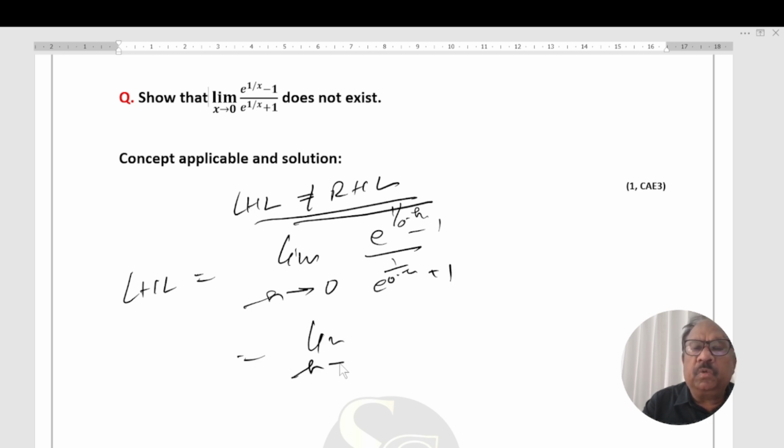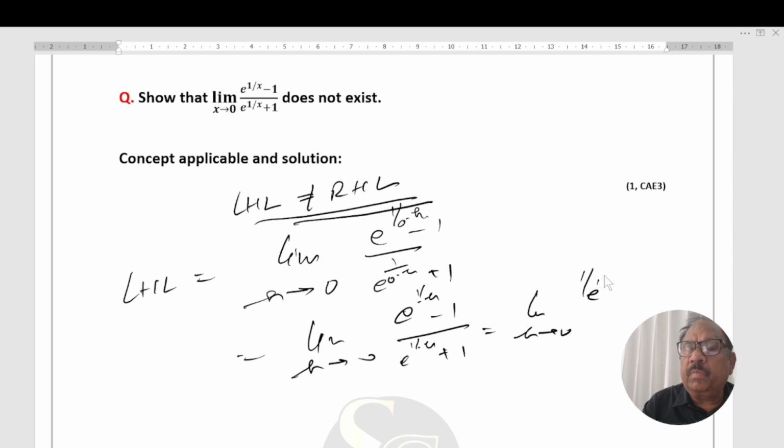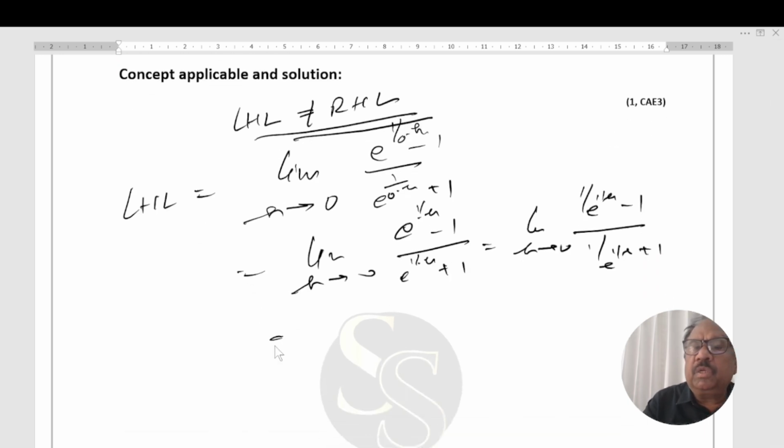Limit h tends to 0 of (e to the power 1 over minus h minus 1) upon (e to the power 1 over minus h plus 1). That is limit h tends to 0 of (1 over e to the power 1 by h minus 1) upon (1 over e to the power 1 by h plus 1). On simplification, now in this case, put the limits.